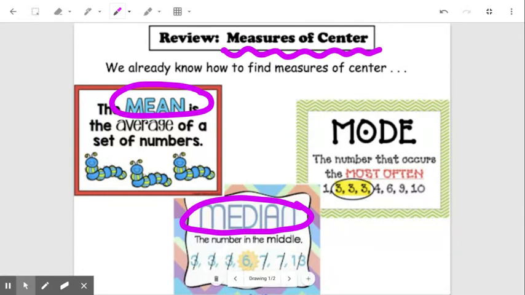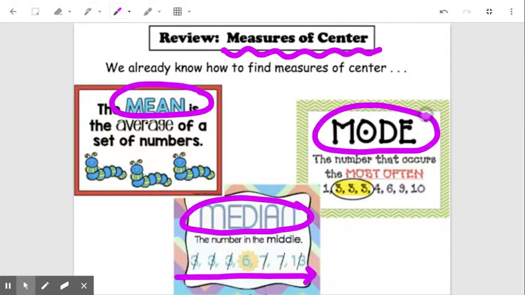You arrange things from low to high, and then you cross off end to end till you get to the middle. The number in the middle sometimes is a specific number in your set. If it's not, you take the two middle ones, add and divide by 2. And then lastly, we have mode. The mode is the number that occurs most often. Sometimes there are several modes, sometimes there are no modes.